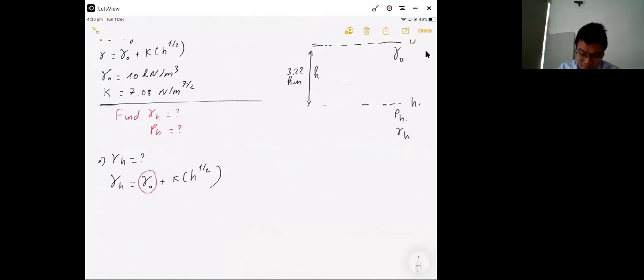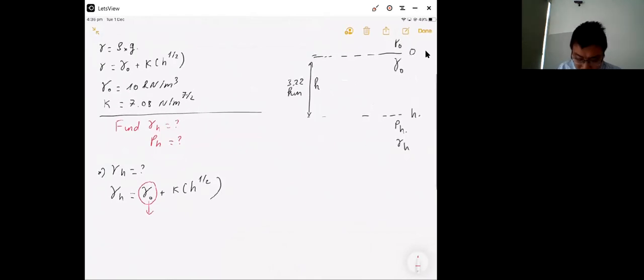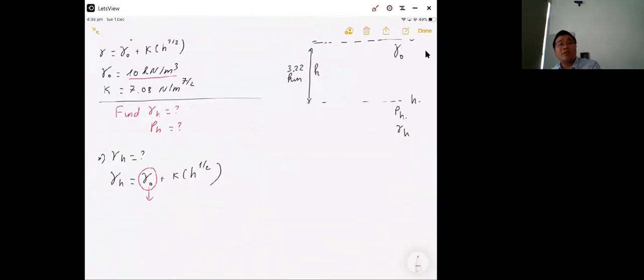With weight density, at the ocean surface you have 10 kilonewton per meter cube. Kilonewton is not an SI unit, so you have to convert to Newton per meter cube, which is 10,000.